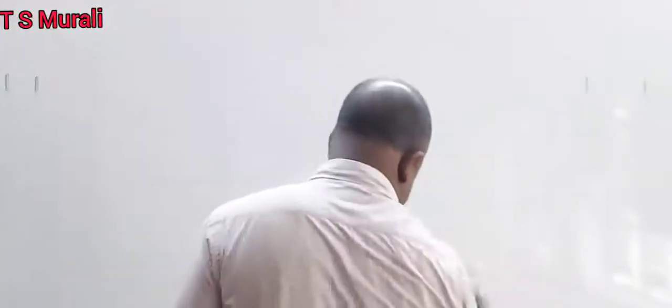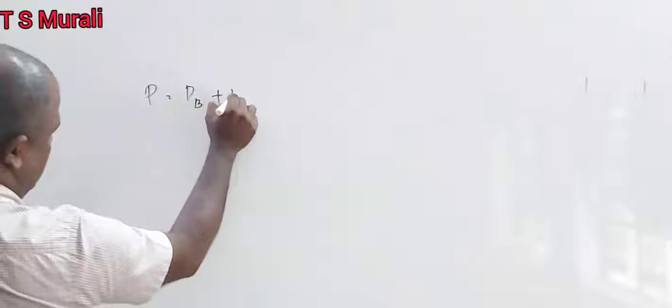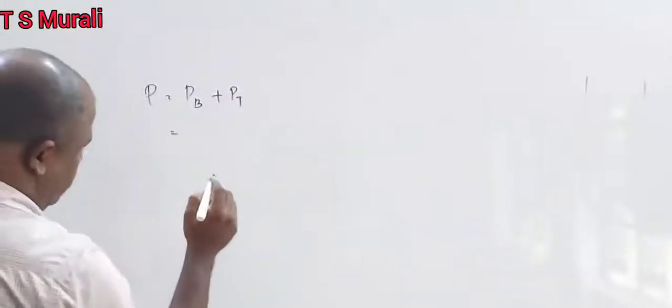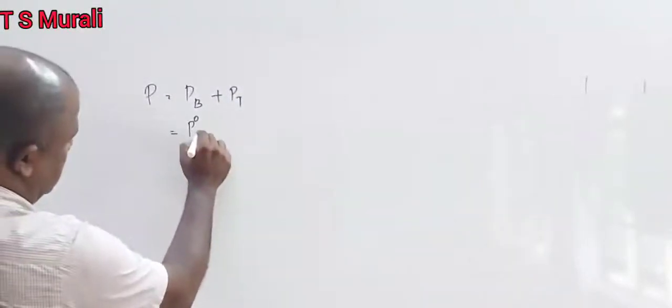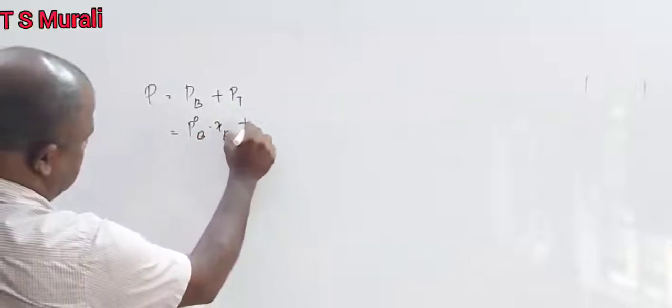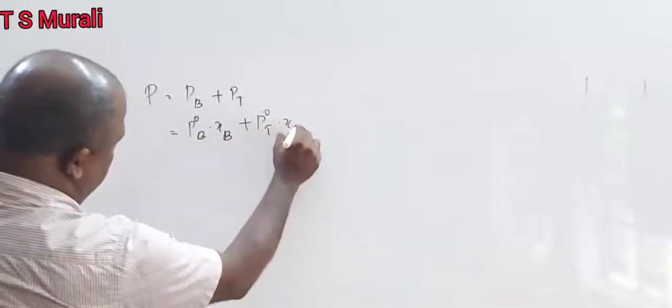The first question deals with the vapor pressure of only one component. Now it is dealing with both of them. Then only you can find the ratio. See, total pressure P is equal to P benzene plus P toluene, and this is equal to P0 benzene into X benzene plus P0 toluene into X toluene.